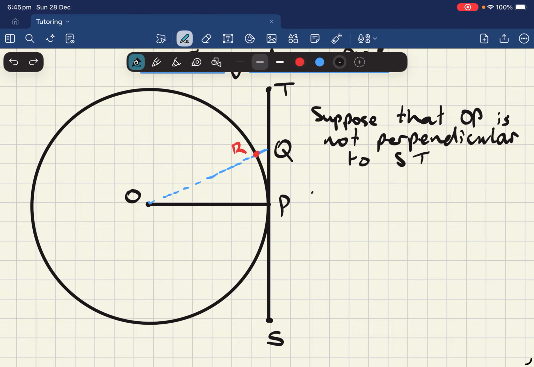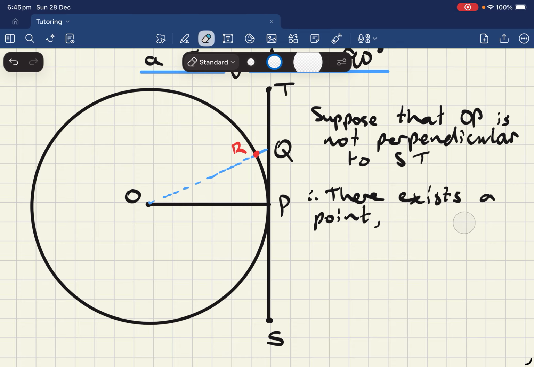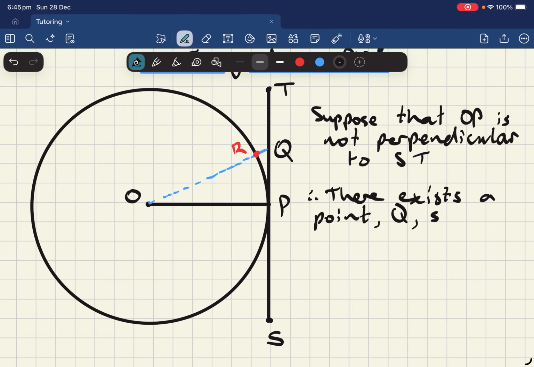Because we're supposing that OP is not perpendicular to ST, there exists a point Q such that OQ is perpendicular to ST. So we're now going to assume that there exists a point Q, which I've drawn in, such that OQ is perpendicular to ST.